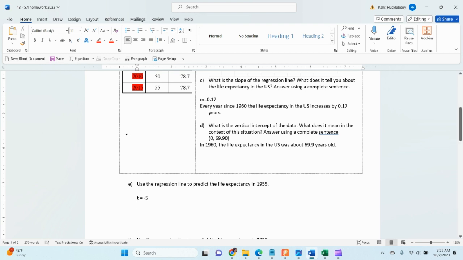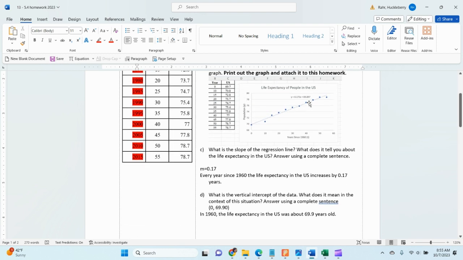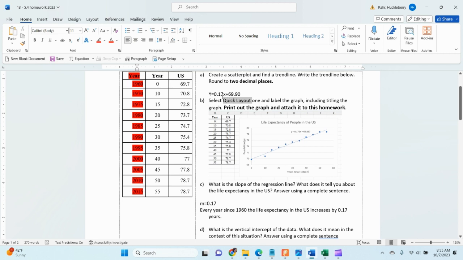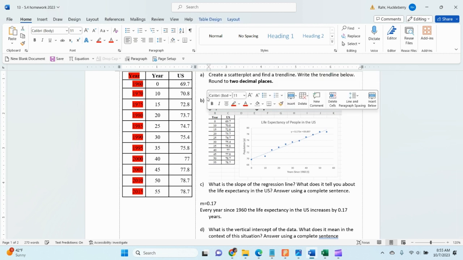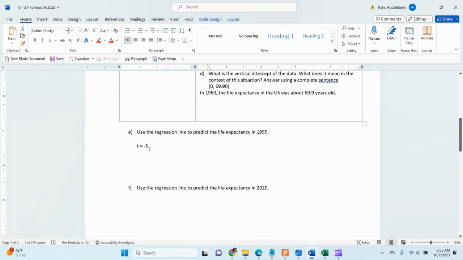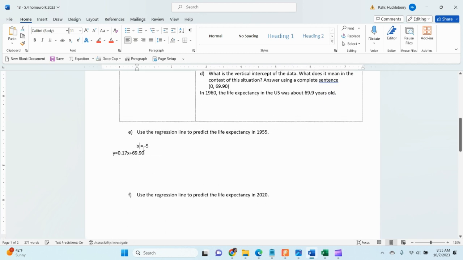And so we're not using the chart, we're using our equation. So y equals 0.17 times -5 plus 69.90.